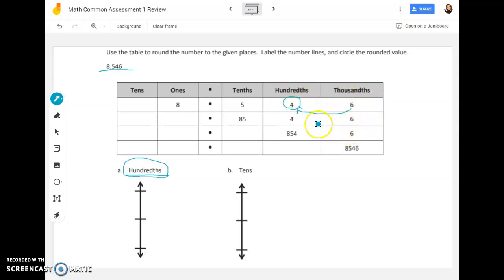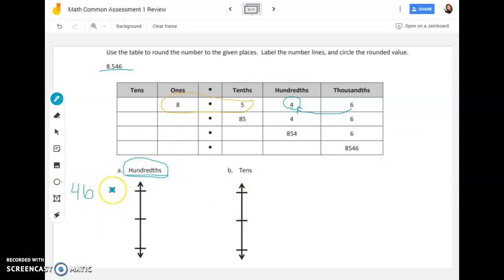So what I've told people in the past, think of this: everything in front of the place that we're rounding to is going to stay the same. So our 8 and our 5 right here are going to stay the same because we're rounding to the hundredths place, so it's not going to affect these digits. Let's pull out the rest and think of it as the number 46.